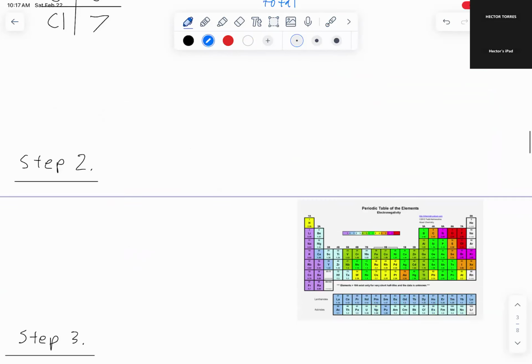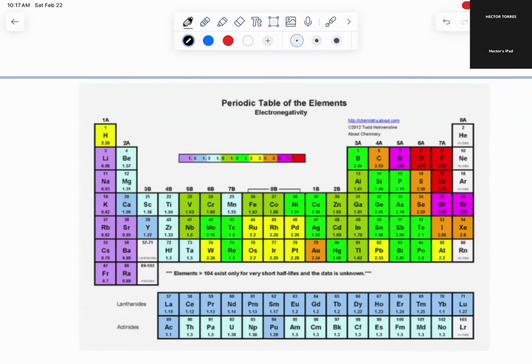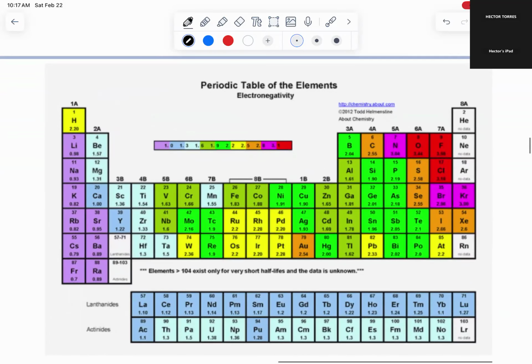Step 2, we need to figure out the connectivity of our molecule. We need to know, is O going to be in the middle or is Cl going to be in the middle? Looking at our electronegativity trend, oxygen and chlorine are both very close, so it's going to be these two values. However, as you can see, chlorine is actually less than oxygen.